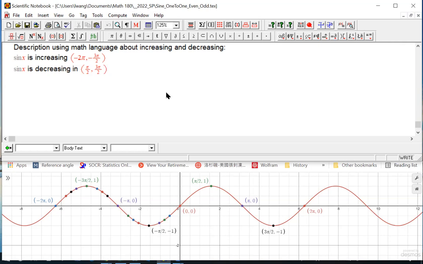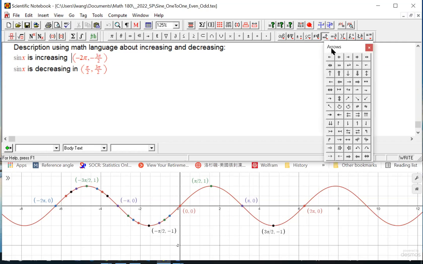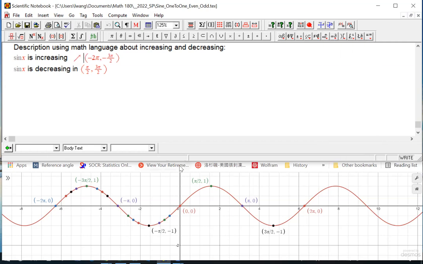In future classes, say for example your calculus classes, you're going to have other different functions. You're going to have to figure out where it increases, where it decreases, and the highest point, lowest point, and that's the language you use. So sine is increasing. Sometimes you can even get away with using a symbol for increasing, and for decreasing we use the other symbol.